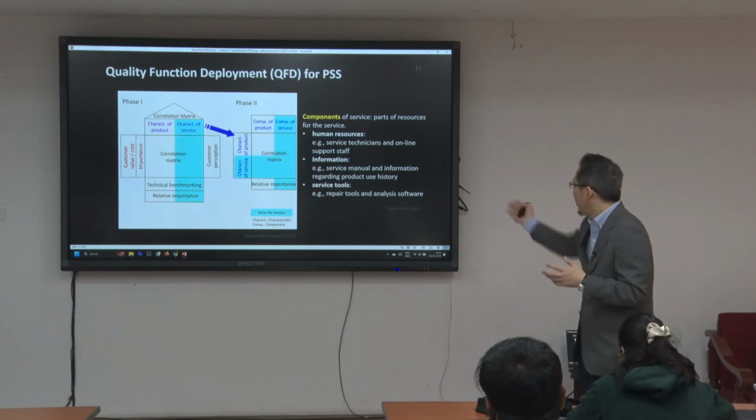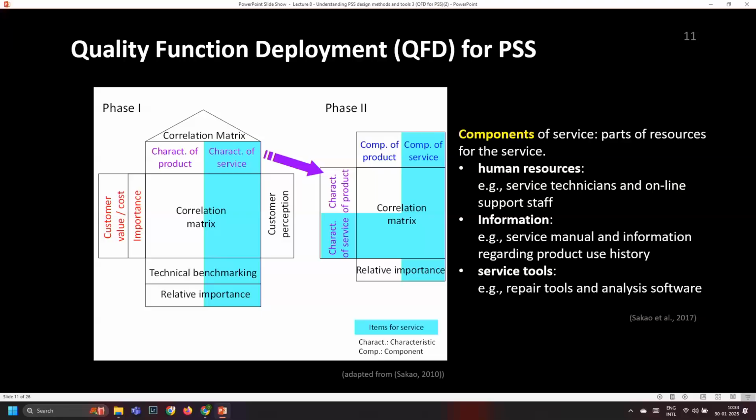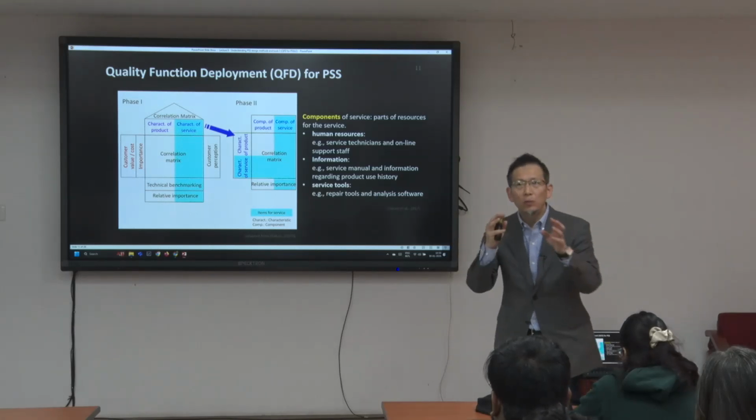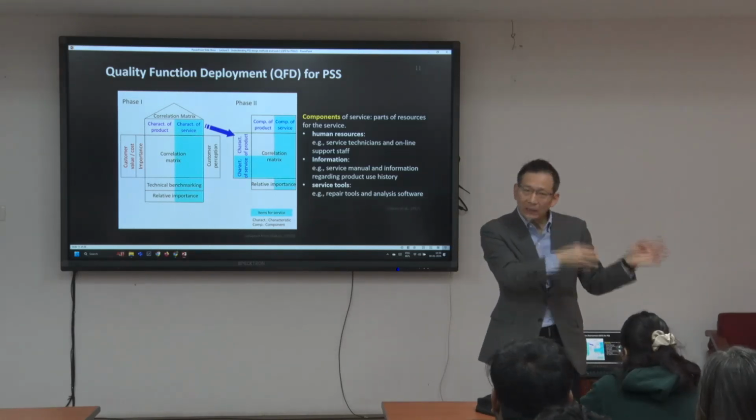But one of our papers suggests that components of a service may be human resources, information, or service tools. So the important point here is we want to describe an entity for a service, which is different from a characteristic.